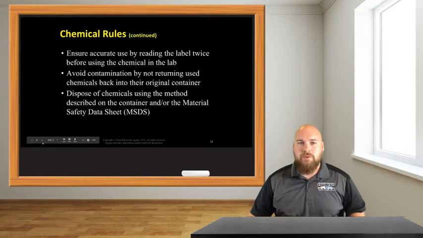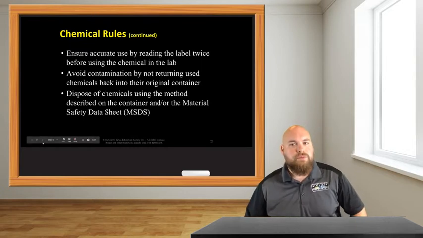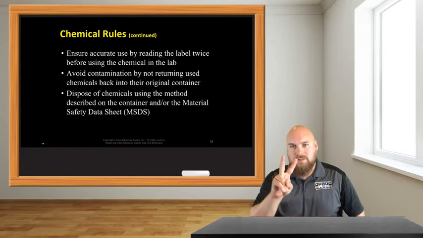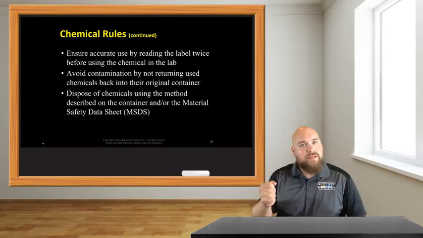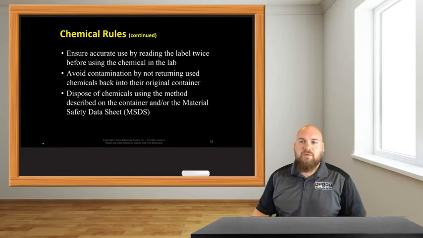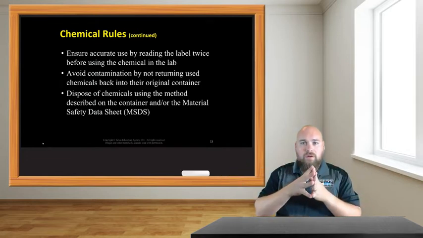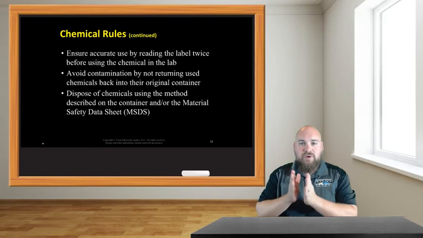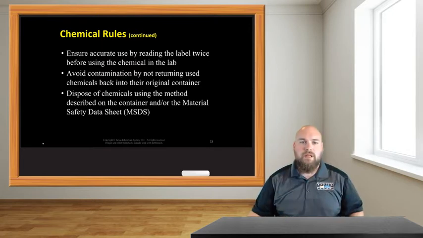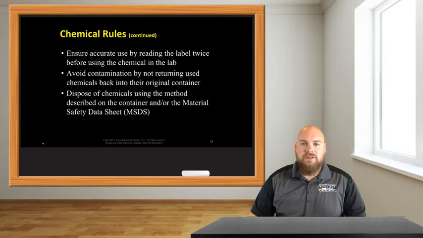A little bit more on chemicals. Ensure accurate use by reading the label twice. You don't want to grab something thinking that it's one thing when it's actually not. We definitely don't want to contaminate, meaning to get things mixed together at all, especially when we're wanting to keep things separate until it's time to mix or put them together. We also need to dispose of chemicals using the right method.